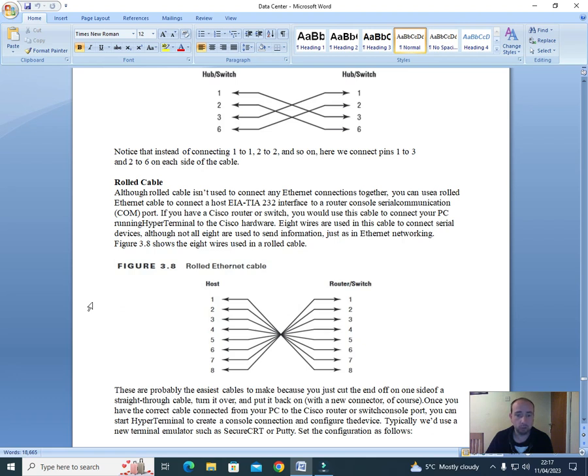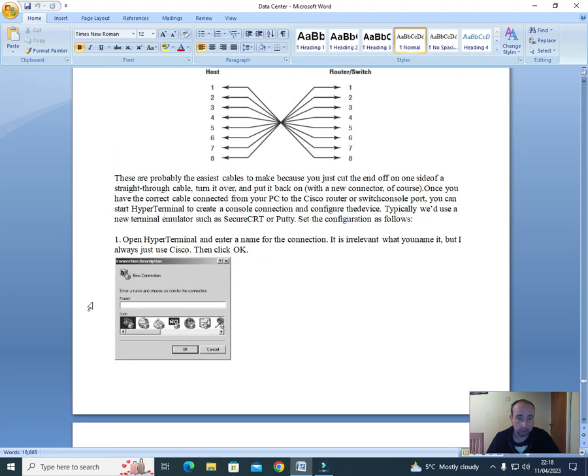If you have a Cisco router or switch, you would use this cable to connect your PC running HyperTerminal to the Cisco hardware. 8 wires are used in this cable to connect serial devices, although not all 8 are used to send information, just as in Ethernet networking. Figure 3.8 shows the 8 wires used in a rolled cable. These are probably the easiest cables to make because you just cut the end of one side of a straight through cable, turn it over and put it back with a new connector.